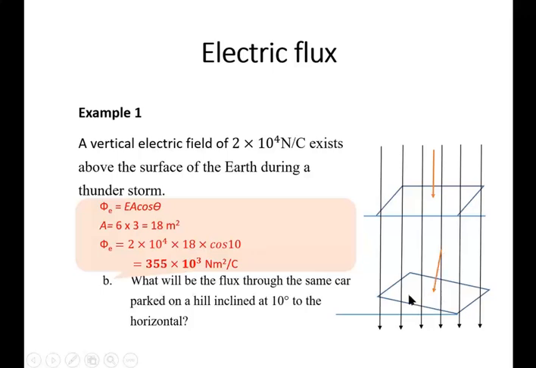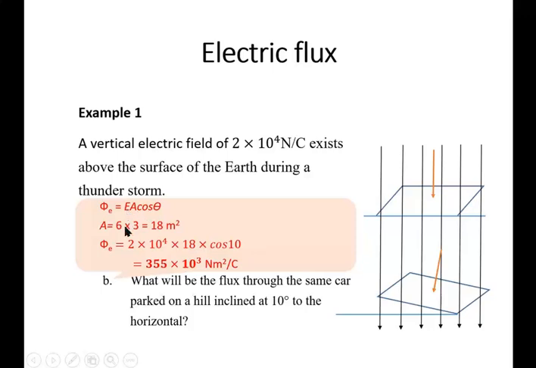Indeed, because this one is a smooth surface and it's already inclined, and this one is vertical, it will automatically mean that this angle is the same as this angle. Alright. So how do we calculate the flux? Since the surface is not perpendicular to the electric field, we need to find the angle here, which is 10 degrees, and then include it in the calculation.